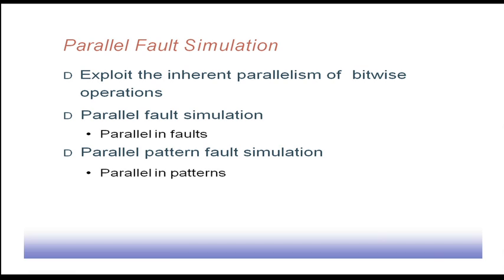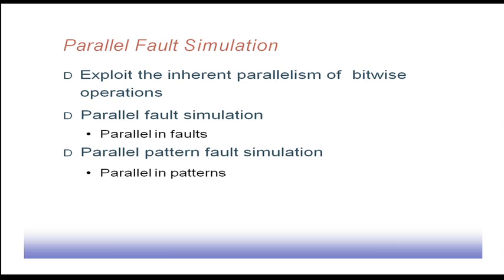So possibly you can do some parallel simulation. You can use a word of a computer to represent many possible states of the signal lines in the circuit. If I have a 32-bit word, then 32 different states of a single line can be put into a word. That way it can help us in the simulation process.